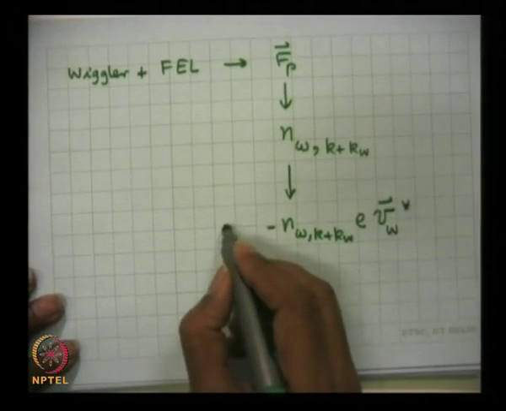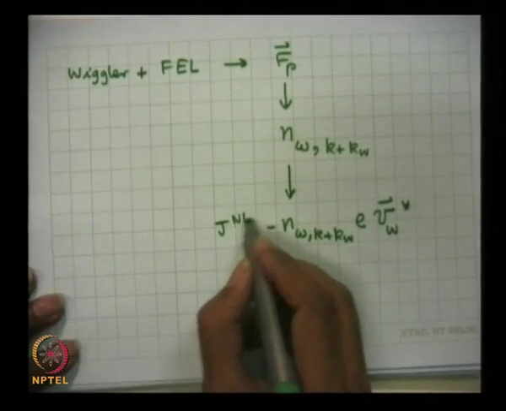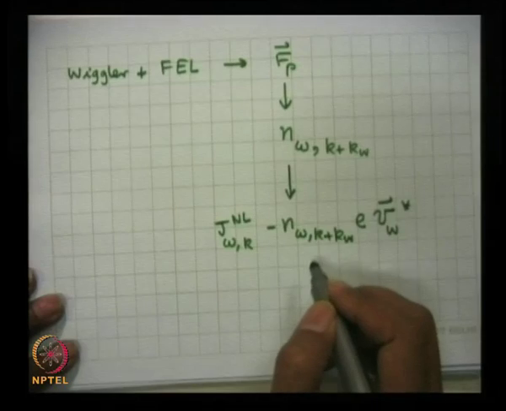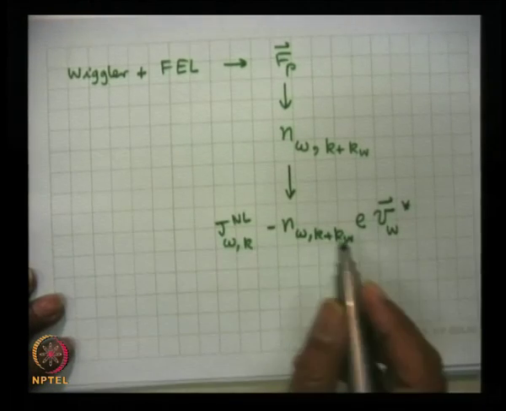And this produces a current at frequency omega, which is the same as omega 1.